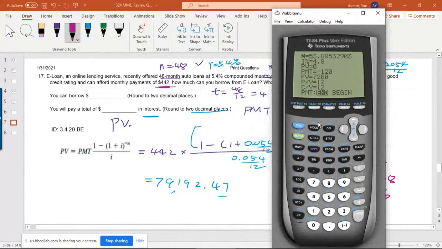We have 48 months, so this will be 48. Interest rate is 5.4%, right? And the present value is the one we're going to solve. And the payment here, we said, is negative 442. Future value.